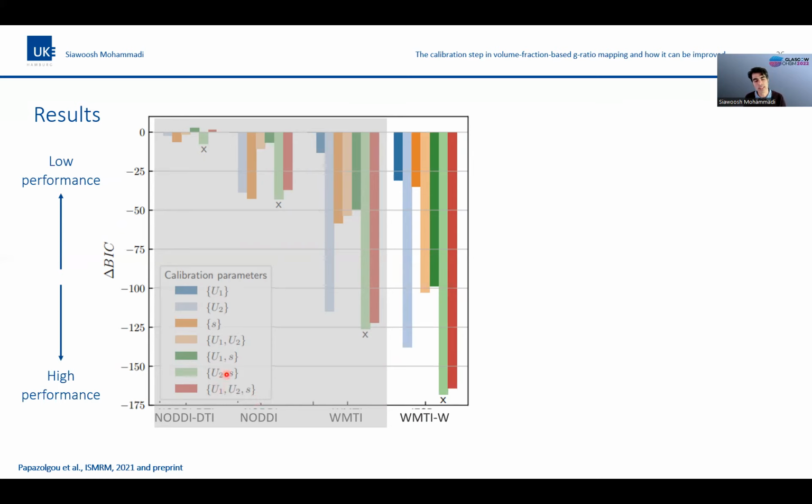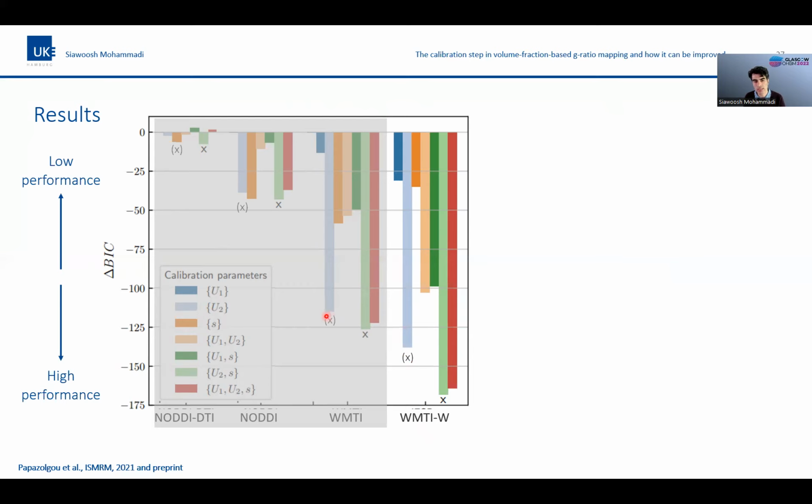Anyway, the result is that the best combination is the linear one, so in green, using an offset term for the highly unmyelinated axons and a scaling factor. But what we also see is that the second best is actually when using only the offset term, so neglecting the scale.